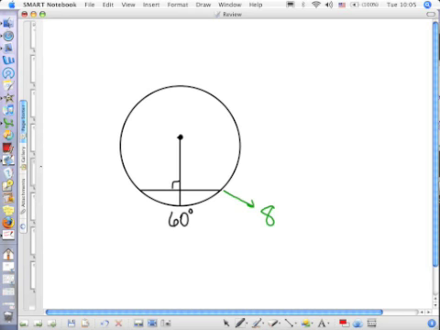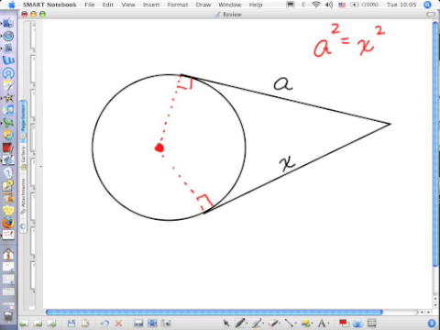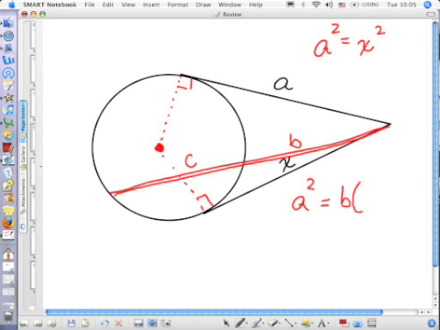So what do you do if one's a secant and one's a tangent? If one's a secant and one's a tangent, okay, well, let's just do this. Let's just call this B and C. Then A squared is equal to the outside section multiplied by the whole thing. Okay? Because the outside and the whole thing is the same thing for A.